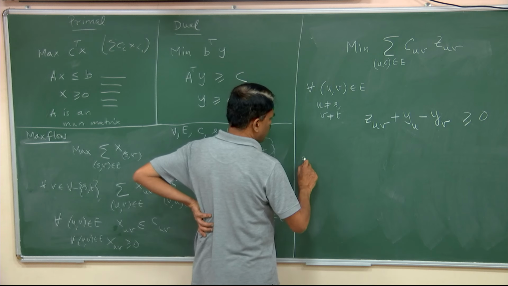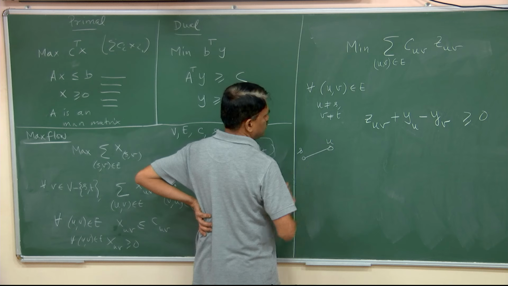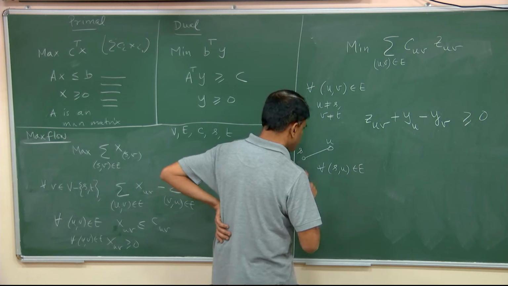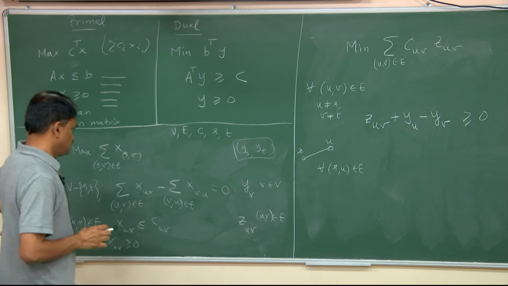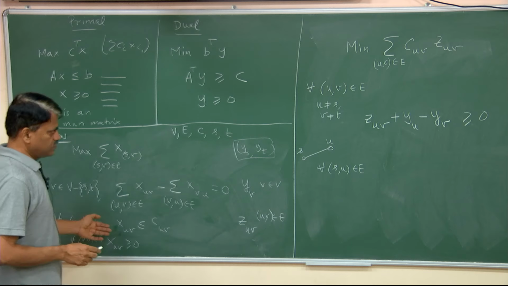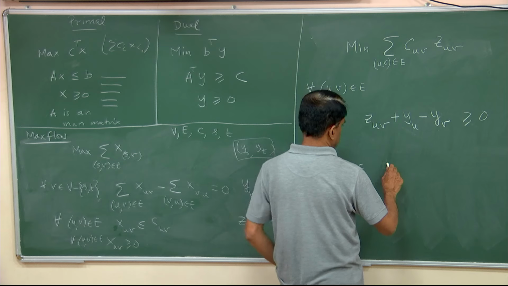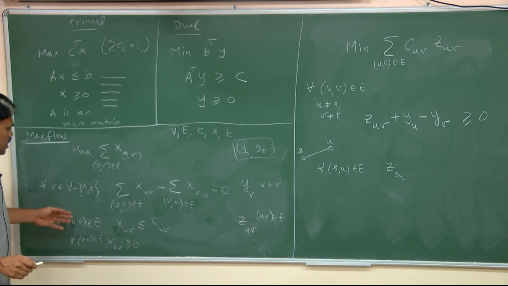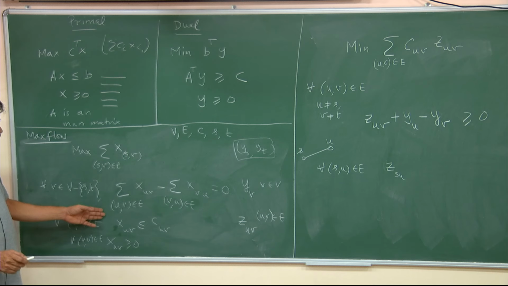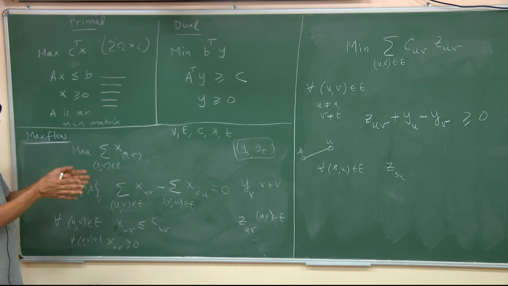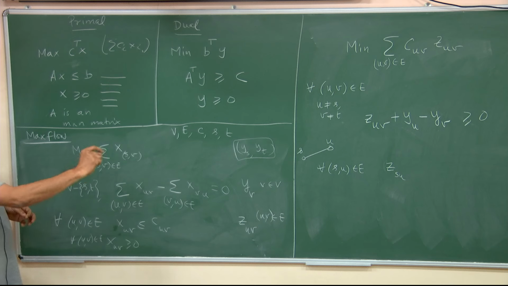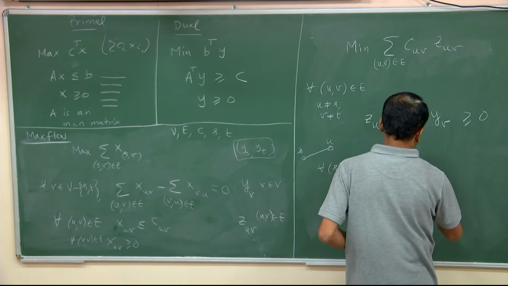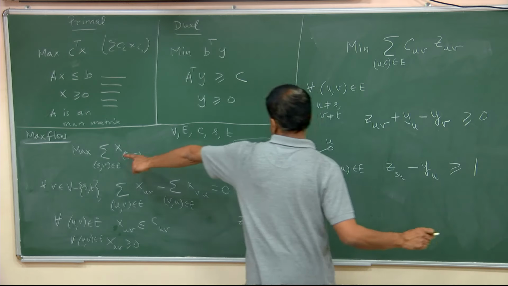Now let's look at edges out of S. Again, you will have a ZSU because of that capacity constraint. There won't be anything coming from S, so the positive term won't be there. But at the U end, you will have a minus term, so minus YU is greater than or equal to 1 here because of this coefficient.